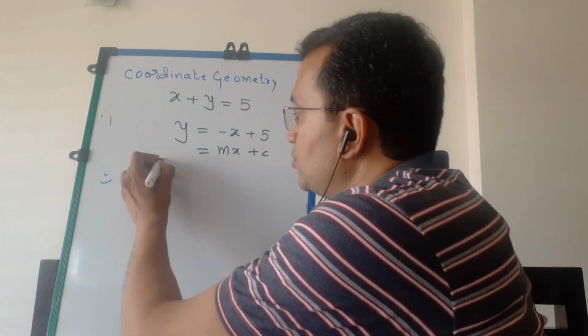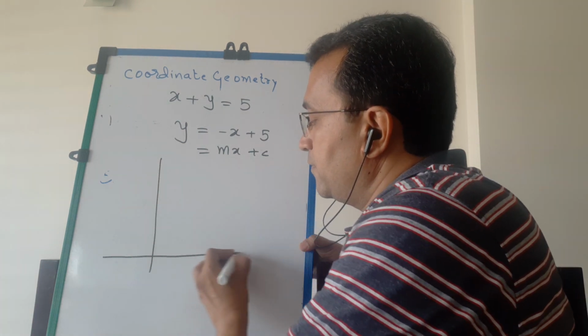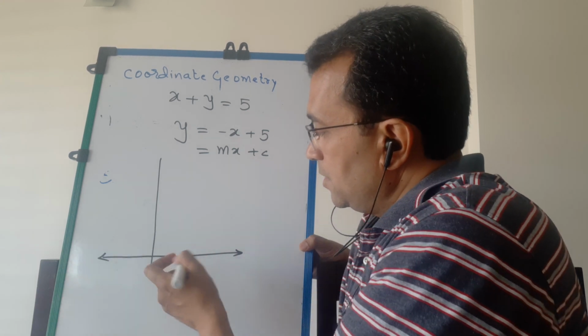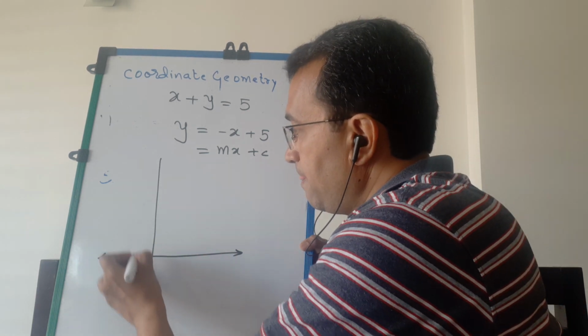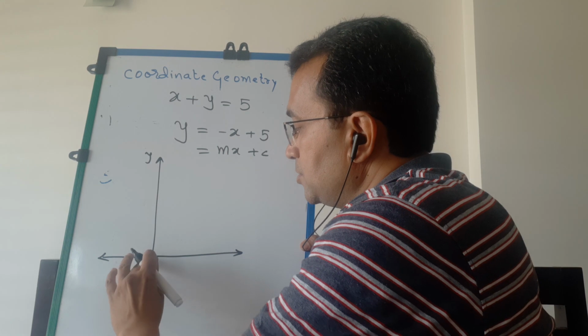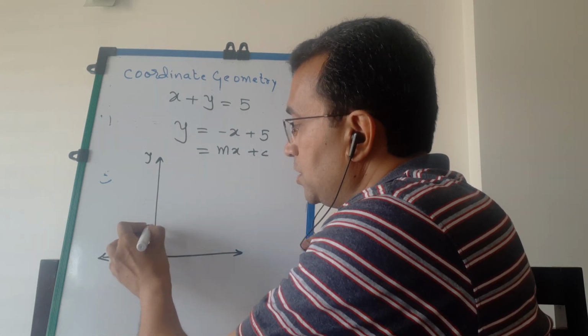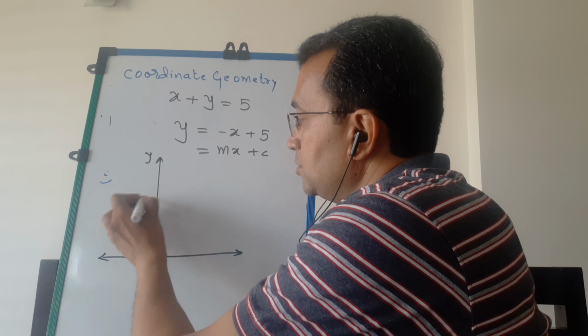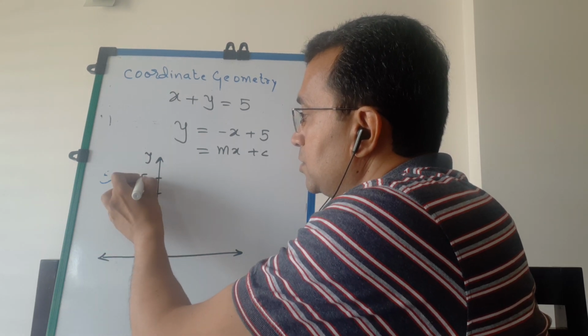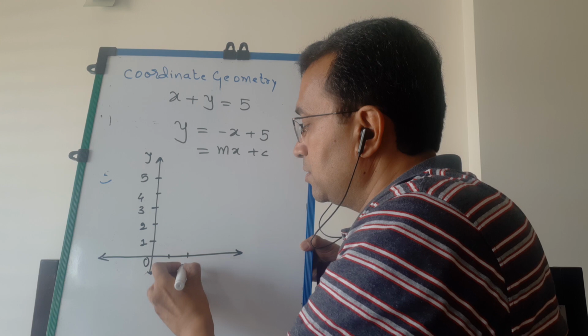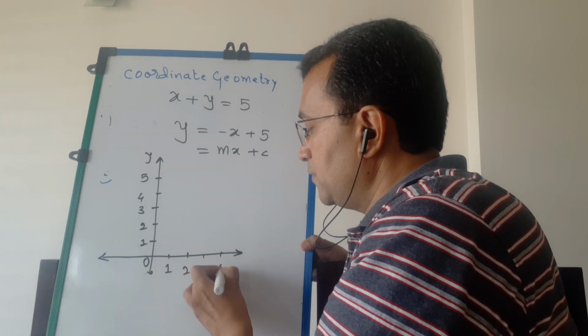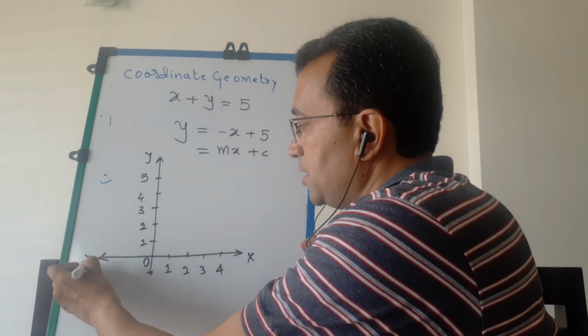If you carefully observe, draw the graph. Let us take only positive: 0, 1, 2, 3, 4, 5. Here 1, 2, 3, 4. This is the x-axis, this is the negative x-axis.